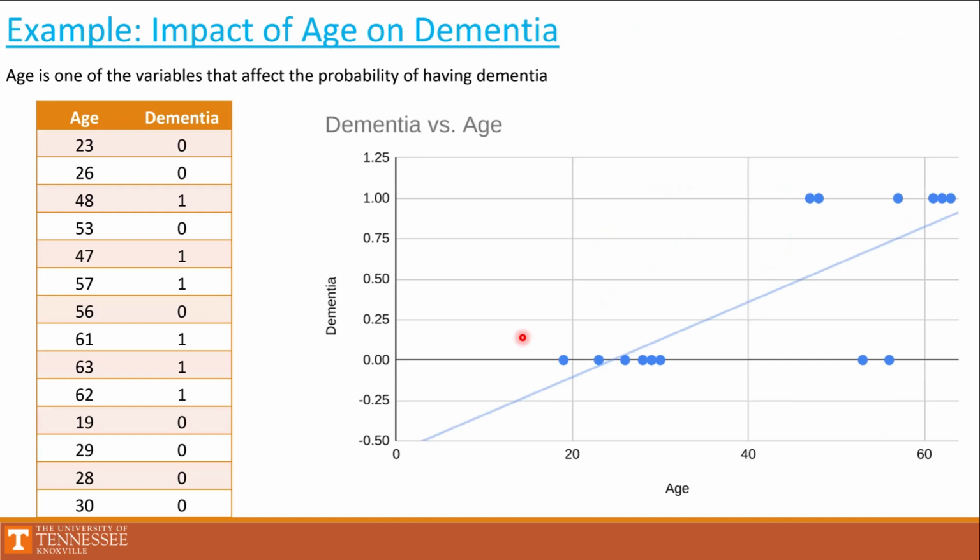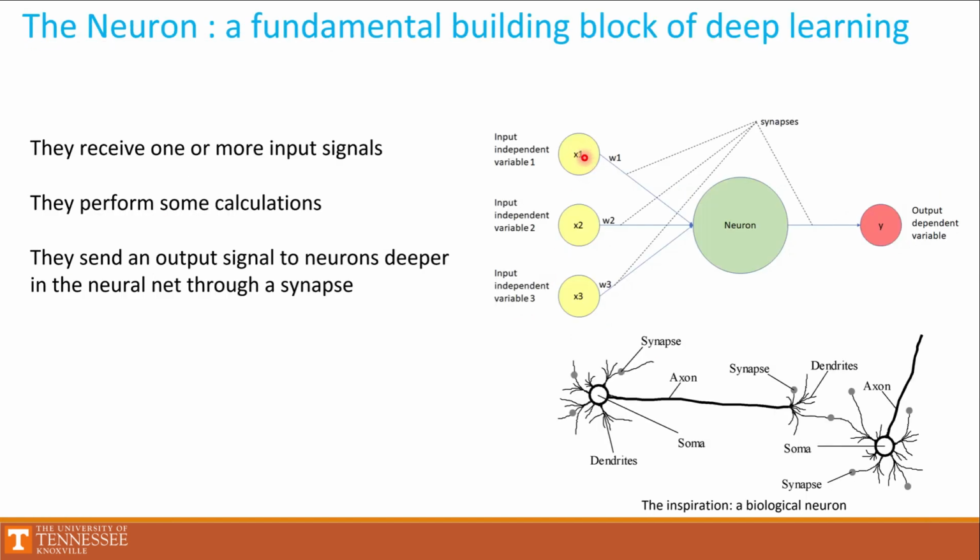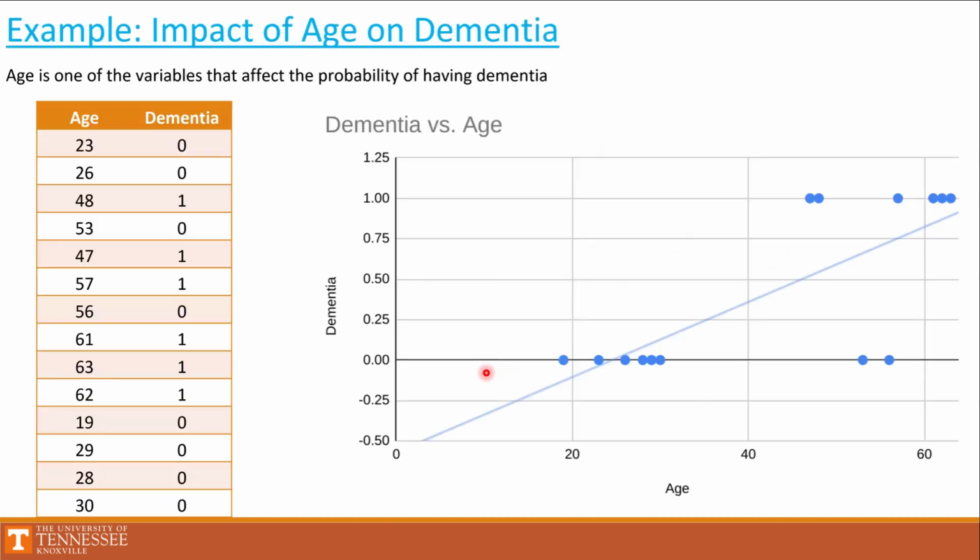The output depends on parameters x1, x2, and x3. These parameters are multiplied with their weights, and then they are added up in the neuron, and then the final output is obtained.